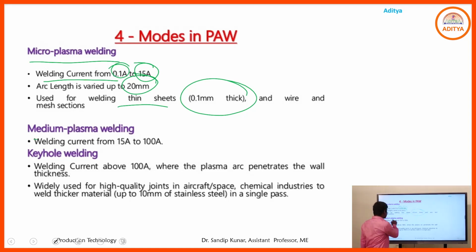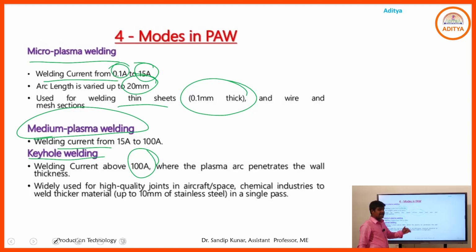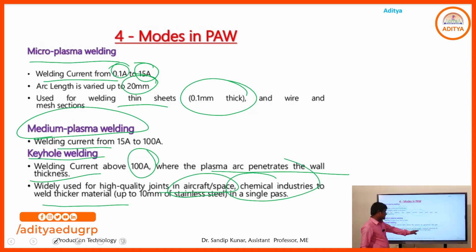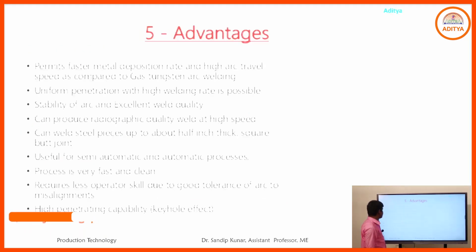In medium plasma arc welding, welding current varies from 15 to 100 amperes. In keyhole welding, current is above 100 amperes, and the plasma arc penetrates the wall thickness. This is used for high quality joints in the air and chemical industries to weld thicker material, up to 10 millimeter thick stainless steel, in a single pass.